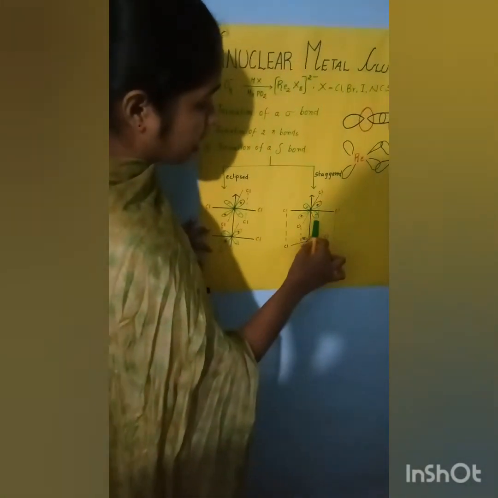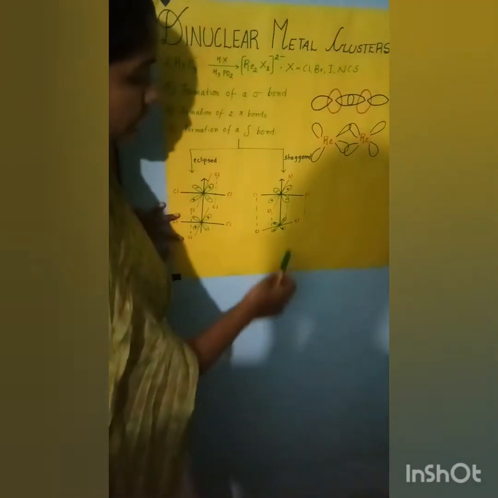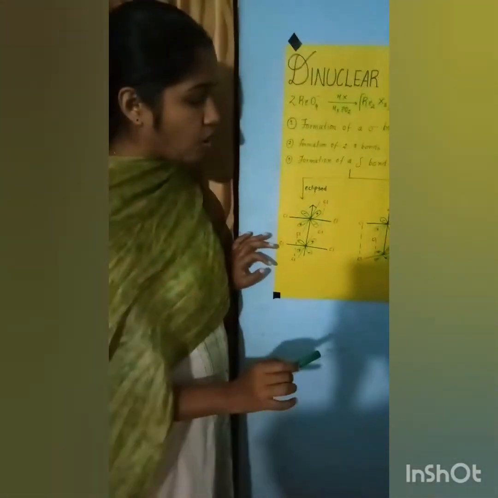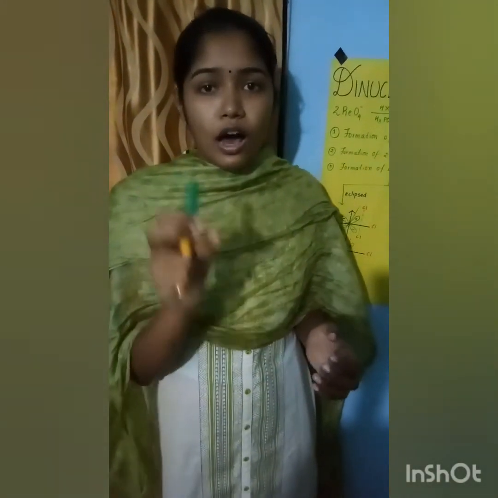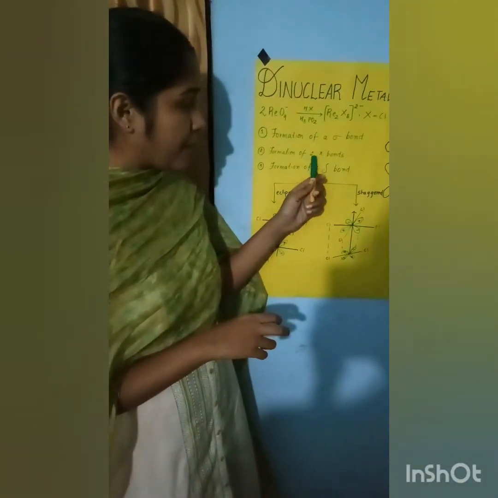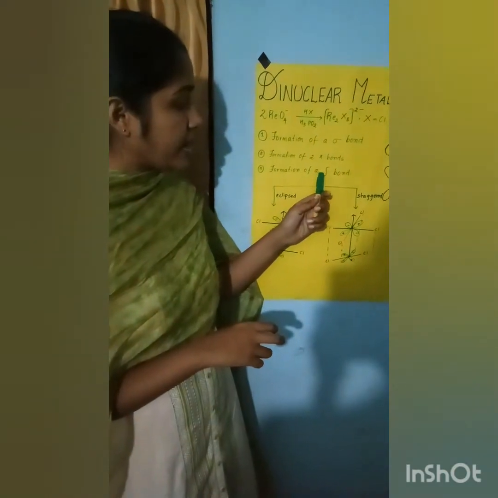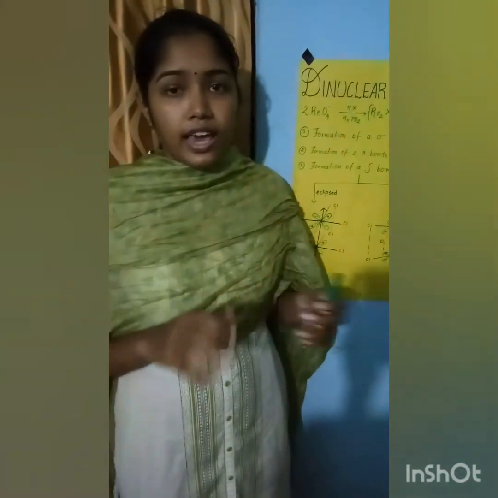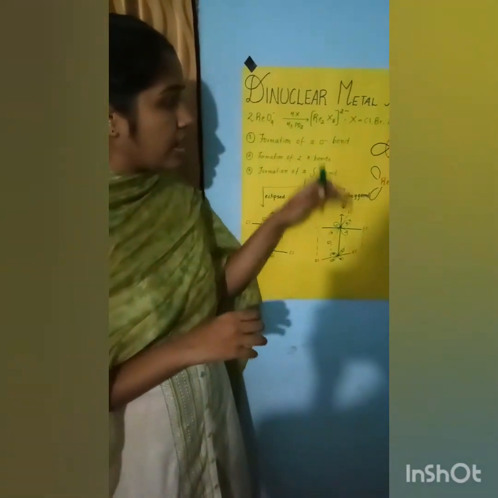Here the chlorine atoms are in staggered conformation. Here there will be only zero overlapping. The total of 8 electrons, 4 on each rhenium atom, occupy 1 sigma bond, 2 pi bonds and 1 delta bond. Hence, these 4 bonds form the quadruple bond.